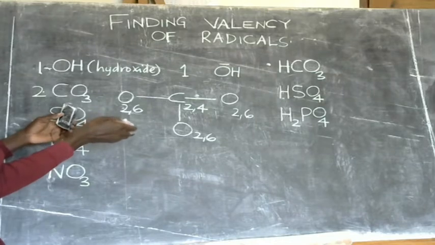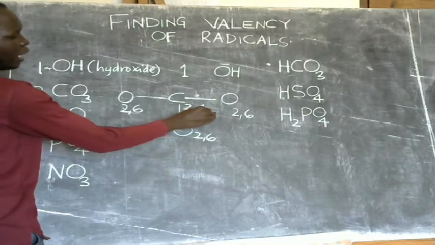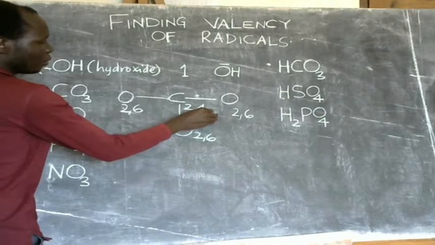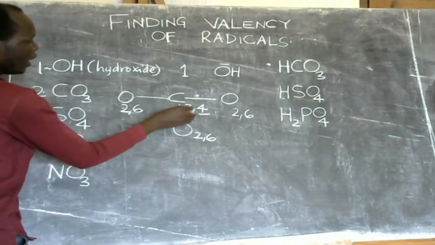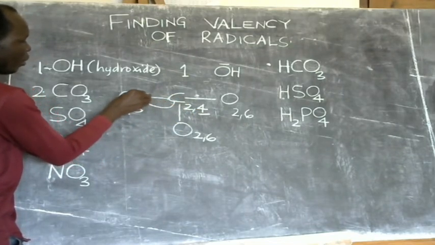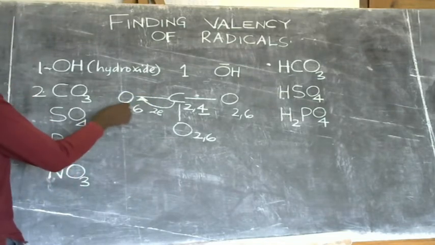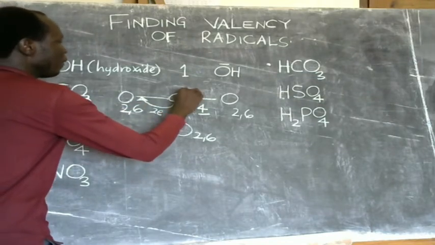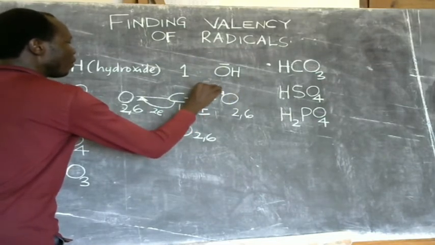And where are the 2 electrons for each coming from? They are going to come from the outermost electrons of carbon. So there are 4 electrons only and there are 3 atoms of oxygen. Therefore, each one here will take 2 electrons. This oxygen atom takes 2 electrons from carbon. Also, this oxygen takes 2 electrons from carbon.